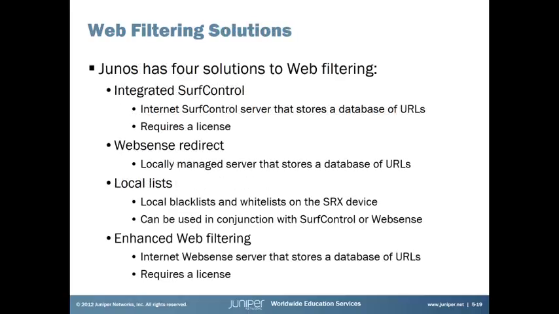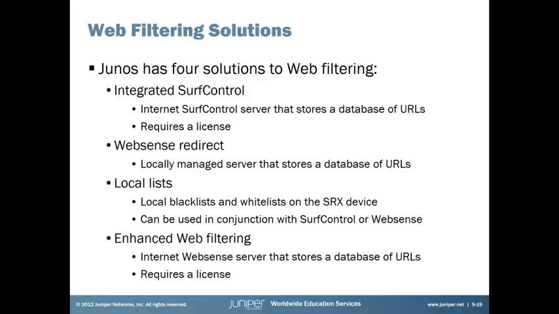If we take a look at these, within web filtering, we've got an integrated Surf Control capability, an internet Surf Control server that stores a database of URLs and requires a license. Websense Direct, a locally managed server that stores a database of URLs, so you can make your own list on a server.